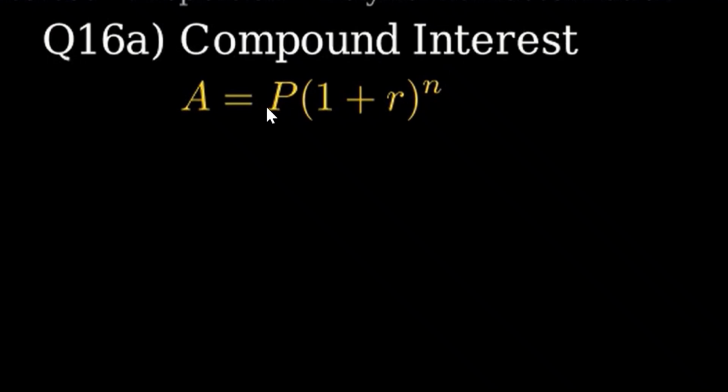As I showed you, we have the principal, which is 8,000, the rate is 0.05, and n is the number of years, the time. We were given 3 years.